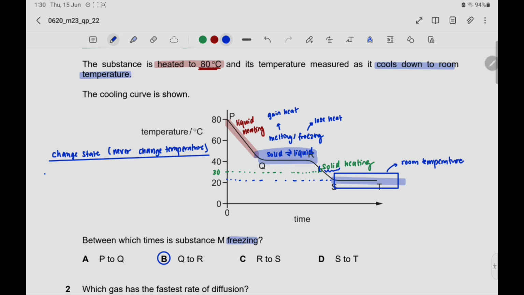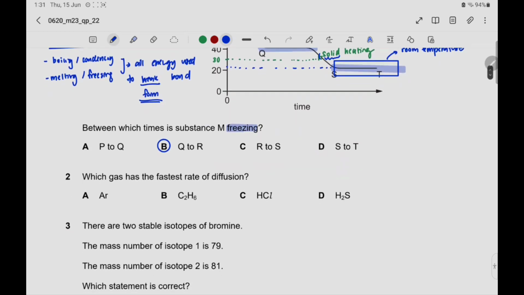So basically, changing state, you have boiling, condensing, melting, or freezing. The reason the temperature doesn't change is that all the energy is used to break the bonds, or not necessarily break, it can also be forming the bonds. Okay? So let's see the next question.